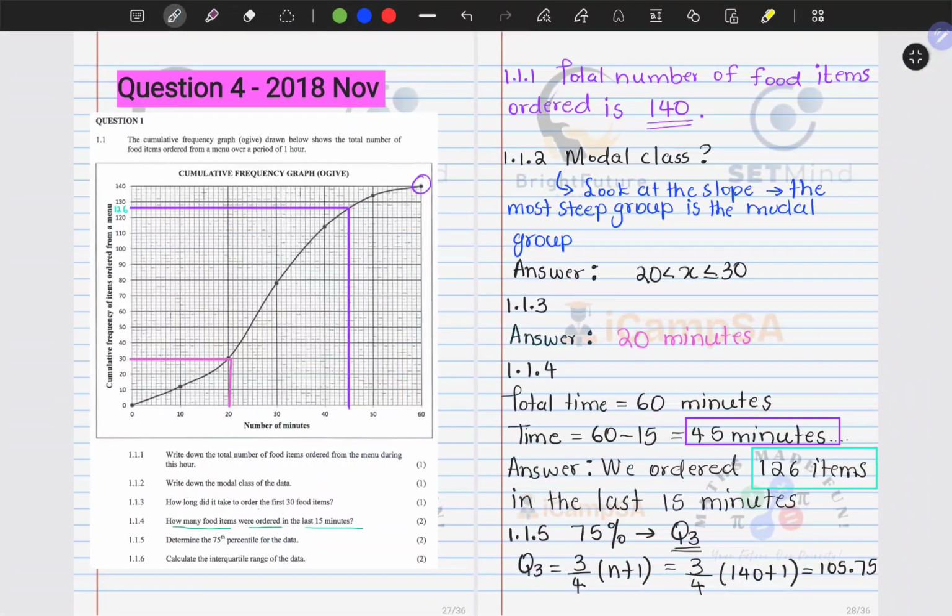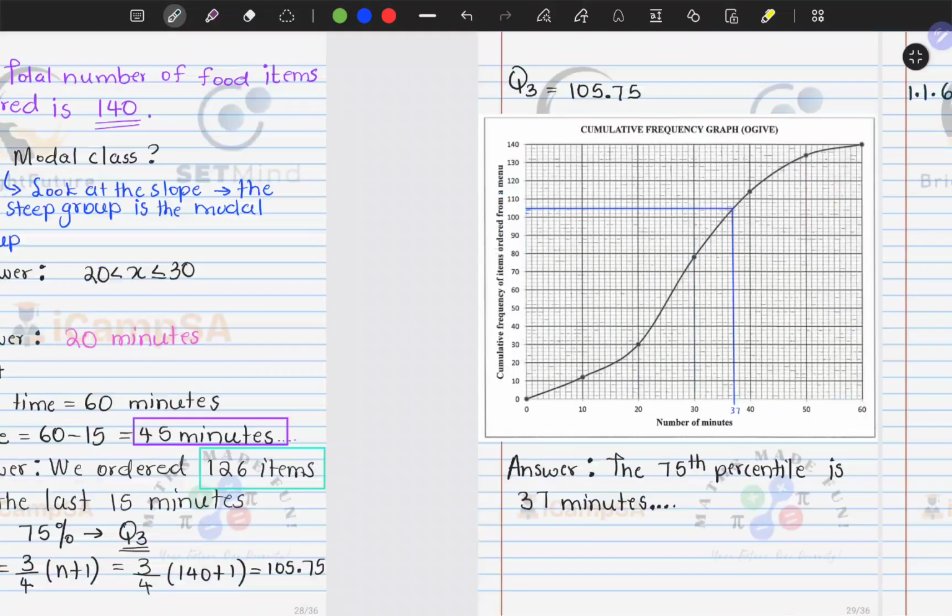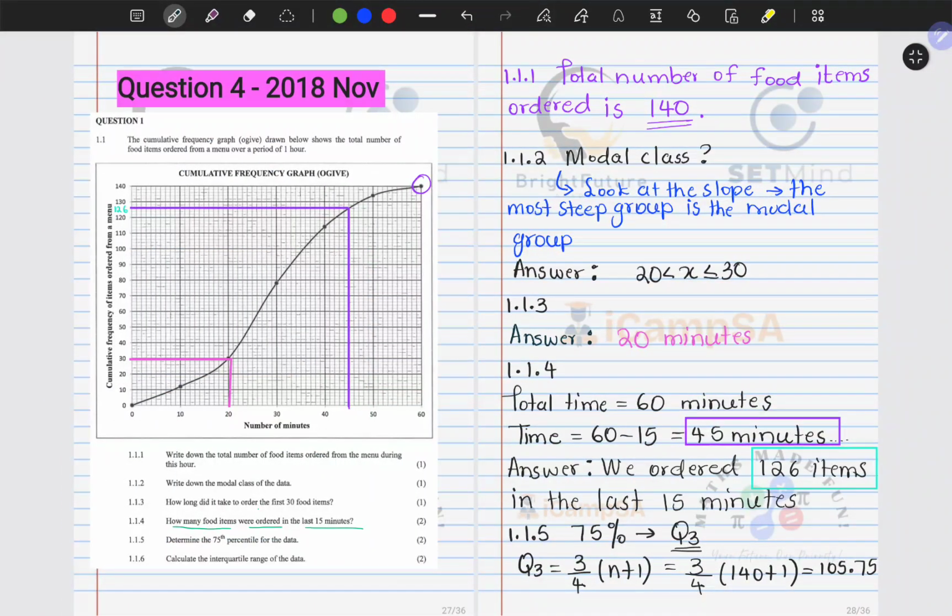So that is 1.1.6. What they are looking for is the interquartile range, which is given by Q3 minus Q1. What I have not found here is our Q1.